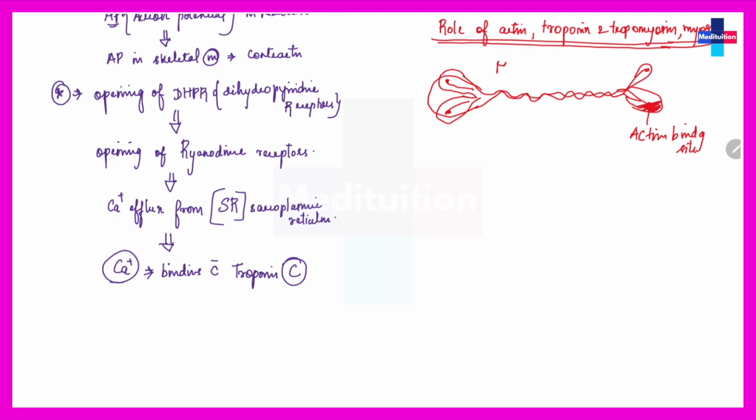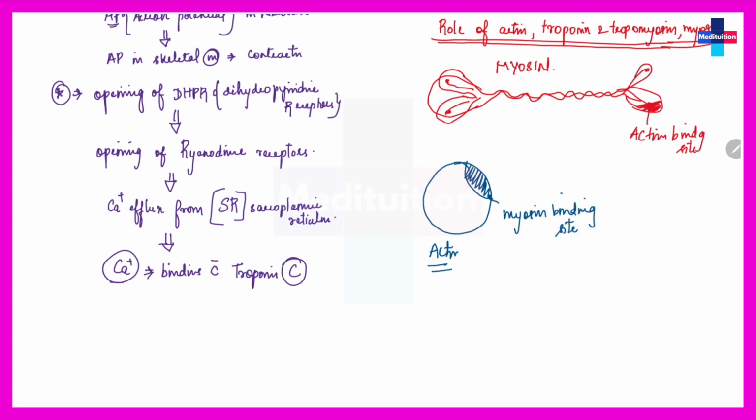So this is our myosin, where we have an actin binding site. Now if you come to see actin, this is your actin. In the actin you have a site like myosin, but that site is called the myosin binding site.